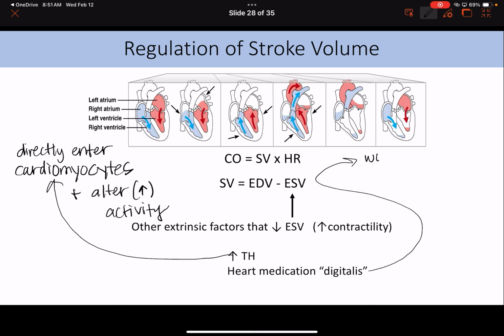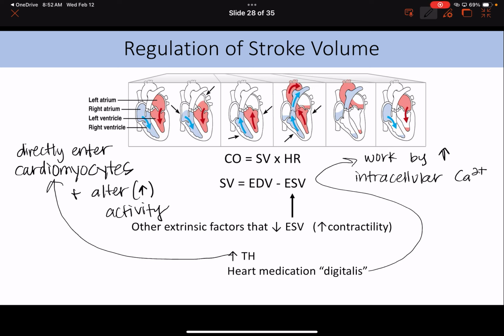So the more calcium you have available at any time, the harder the heart can work. The more calcium, the harder the contraction. Which is why I will talk about in a little bit that you can also take calcium channel blockers to slow down the heart as well.